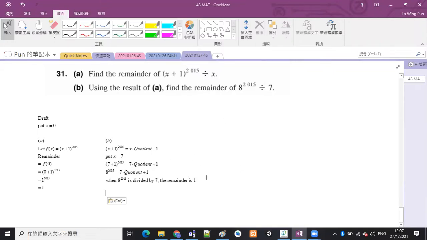So that is how we can use the result of part A to find the answer of part B. Because the question of part B just asks us to find the remainder when this 8 to the power 2015 is divided by 7. So what I wrote in the final line is when 8 to the power 2015 is divided by 7, the remainder is equal to 1.